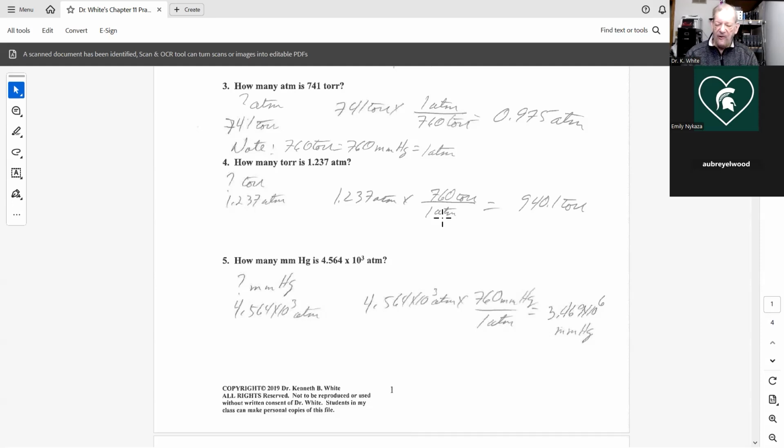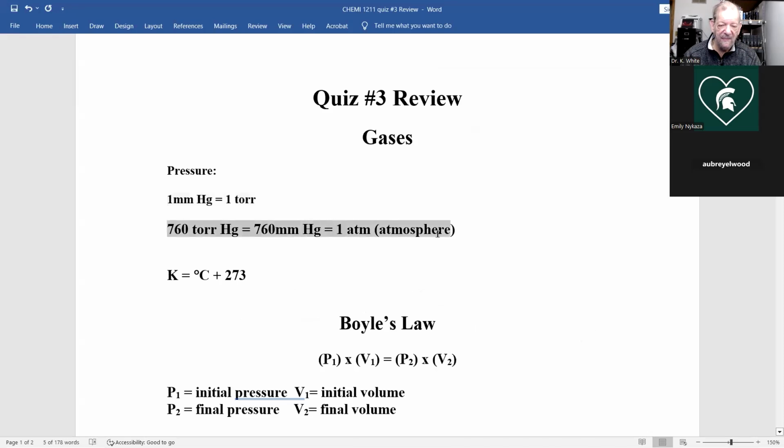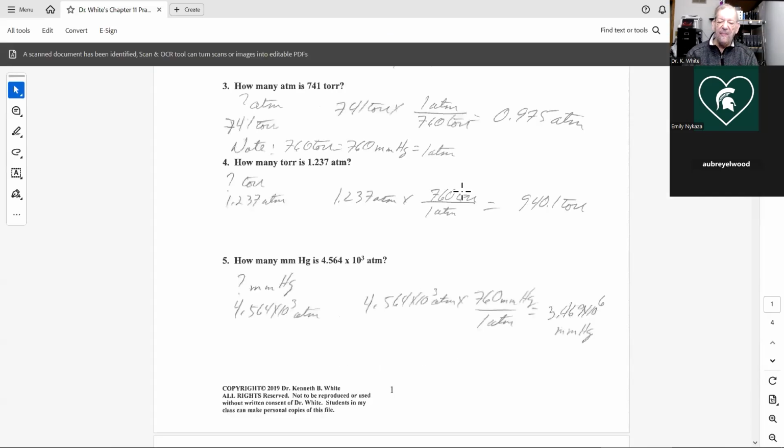Where do I find a relationship of atmospheres to torr? Right here: 760 torr equals 1 atmosphere. That's a definition. That means 760 and 1 are both exact numbers. So on top, I have 760 torr, and here I have 1 atmosphere.